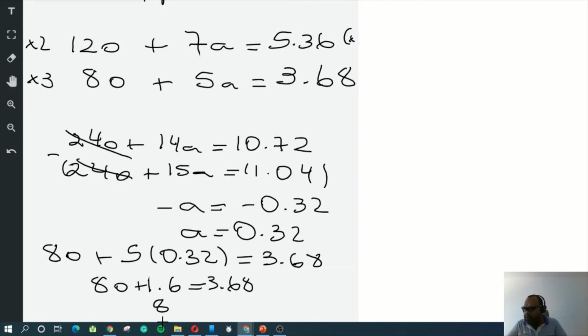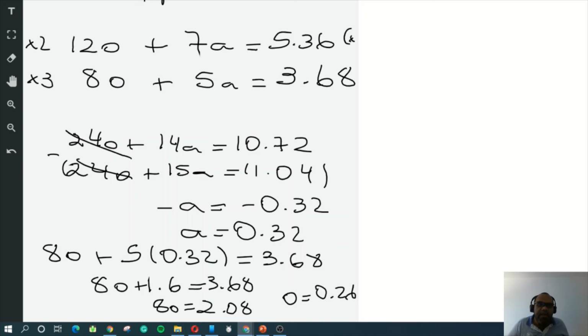Let me just check again, guys. 3.68 minus 1.6, 2.08. How many times does 8 go into 2.08? It is 2.08 divided by 8, and you get 26 cents. Orange equals 0.26.